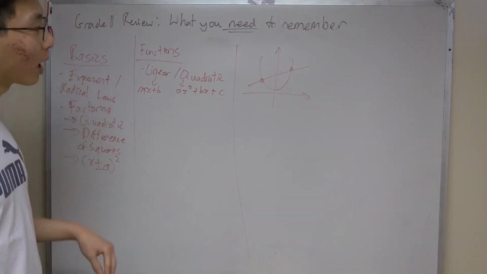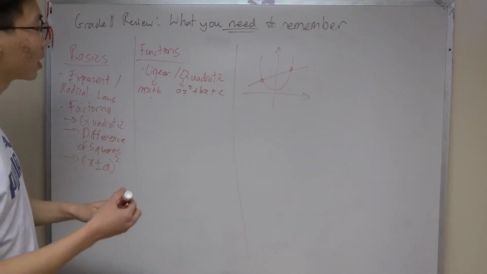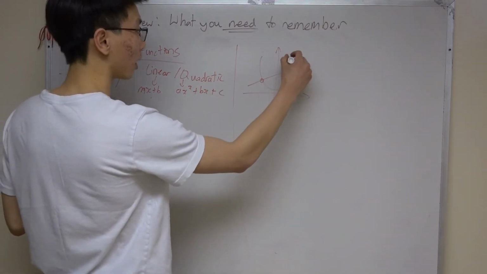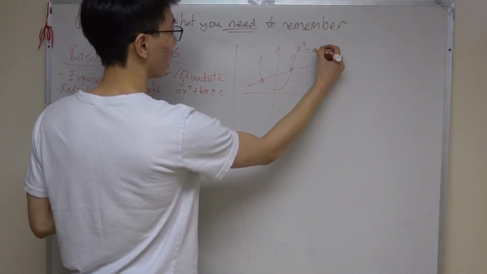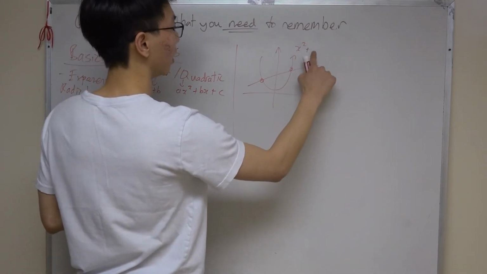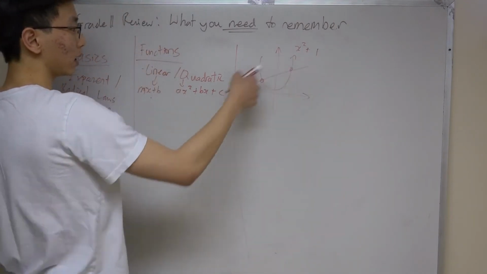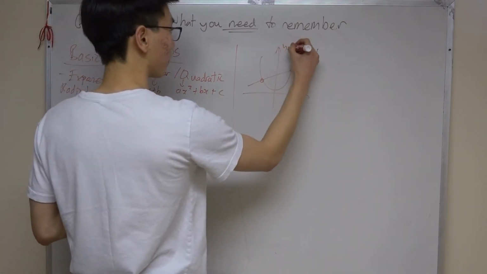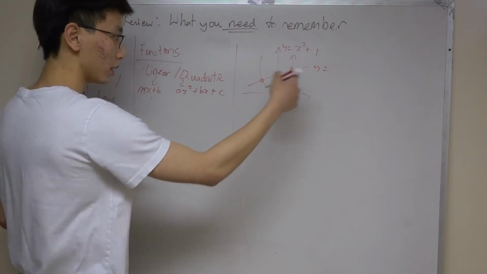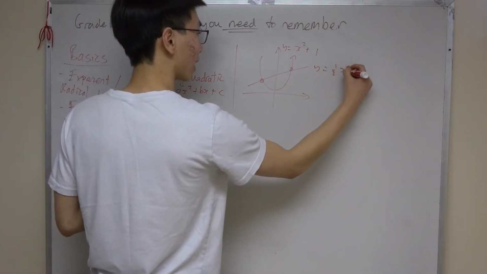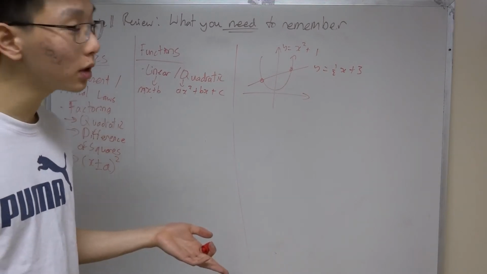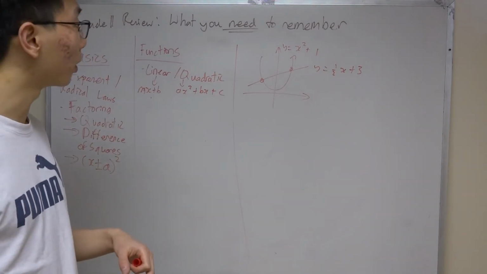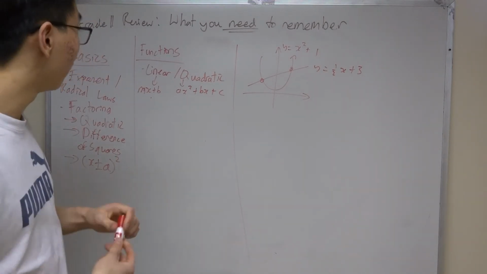Just to have that graphical intuition that, if I'm solving this quadratic, it might be x squared plus 1. And this line might be, for example, 1/2 x plus 3. Being able to solve this system of equations is really important. And it's going to become very helpful.